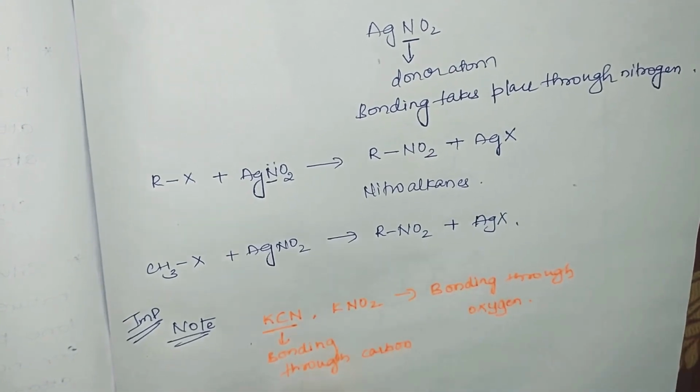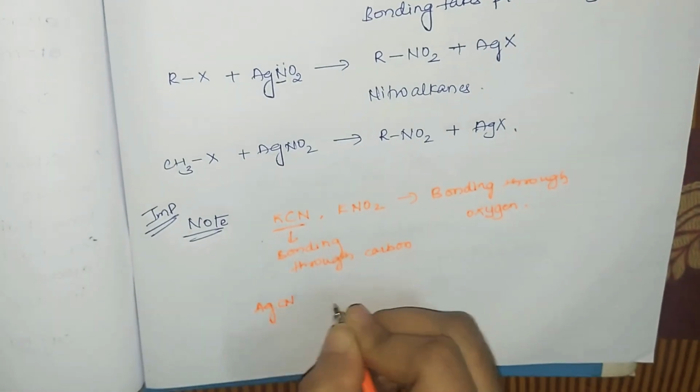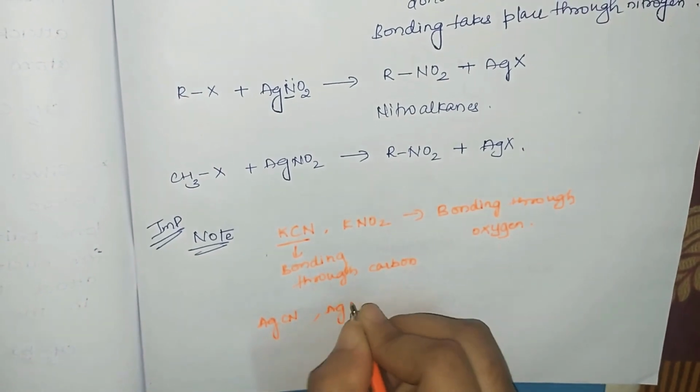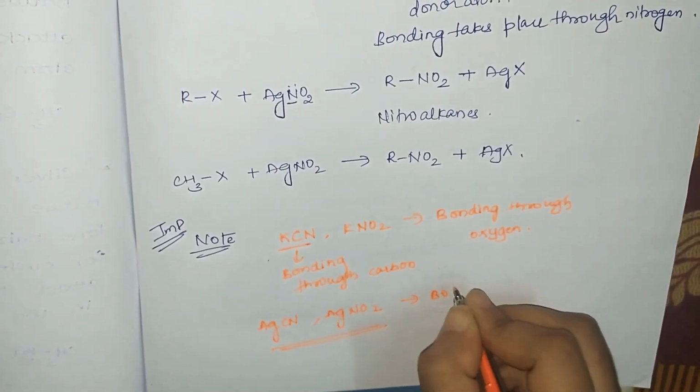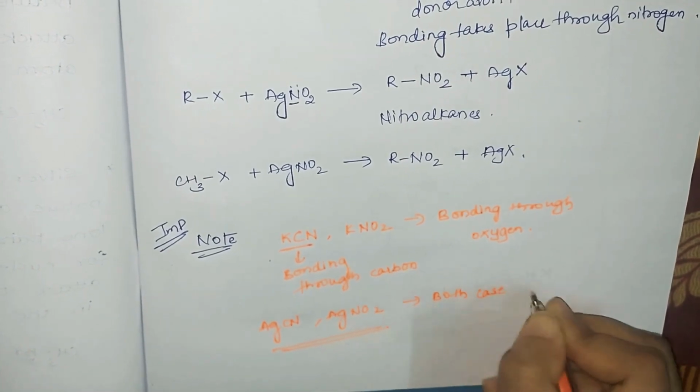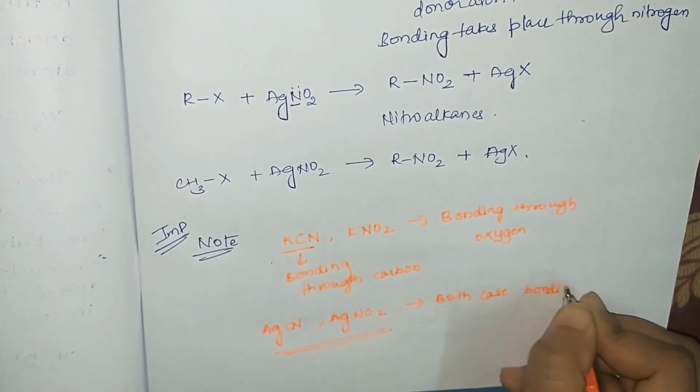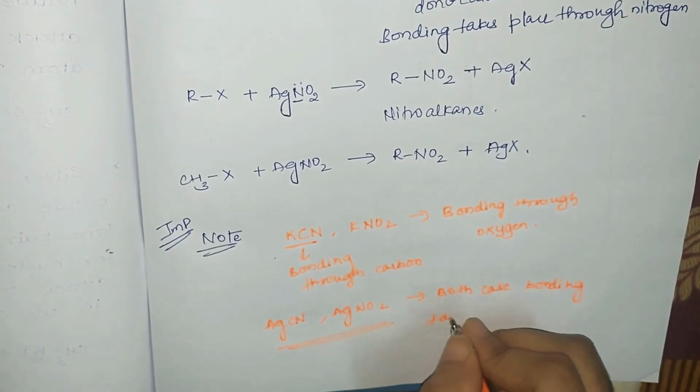Silver cyanide as well as silver nitrite, in both the cases bonding takes place through nitrogen atom. So if it is a silver compound, always remember it is nitrogen. Only in case of potassium cyanide and potassium nitrite, it is other than nitrogen atom.